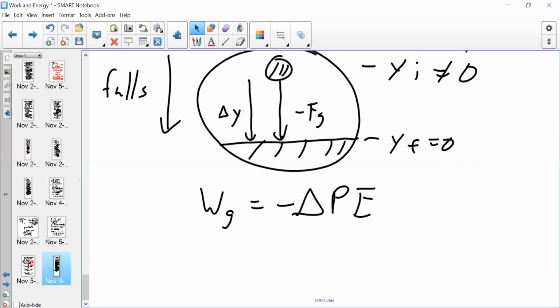Since we are talking about this gravitational force in most of our problems here, and we will be discussing that the gravitational force is a conservative force, meaning that if I raise the ball up into the air or let it fall, the net amount of work is going to be 0.